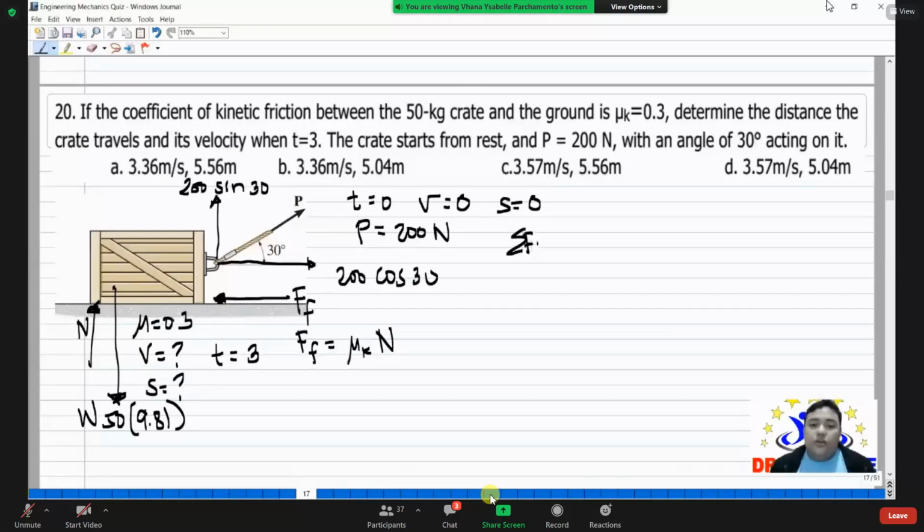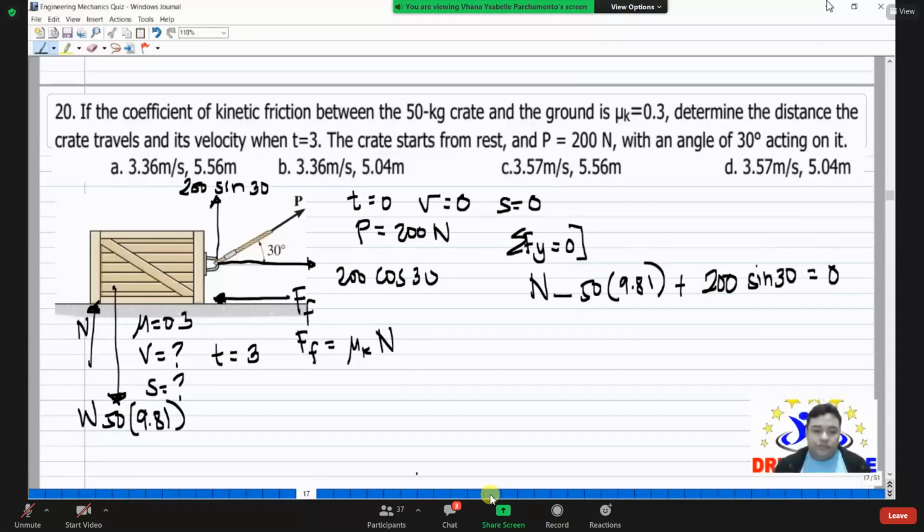So, summation of forces equal to 0. So, equilibrium first. So, N is upward. So, minus our weight, which is 50 times 9.81, plus our 200 sine 30. Upward kasi that component. 200 sine 30.